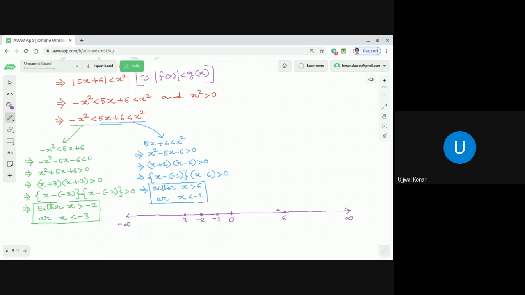After that, let's find out what is in the green box. In the green box, the solution is: either x is greater than −2, so an open interval, unfilled circle, greater than −2. That means the solution set goes like this, isn't it, dear students? Or x is less than −3, that means like this.